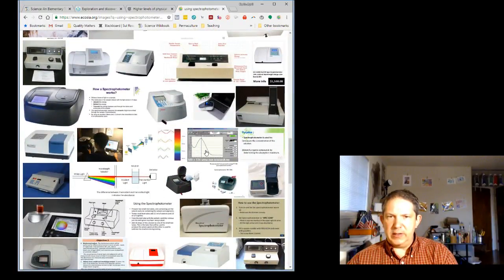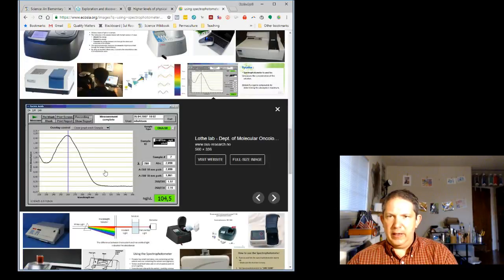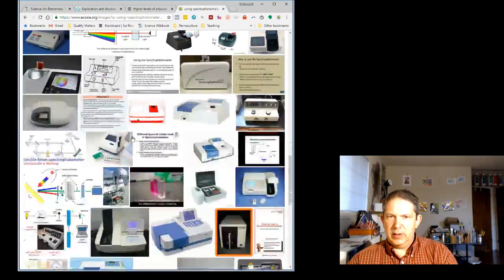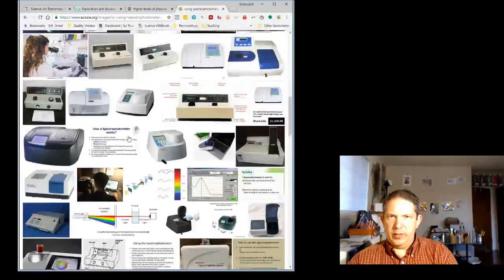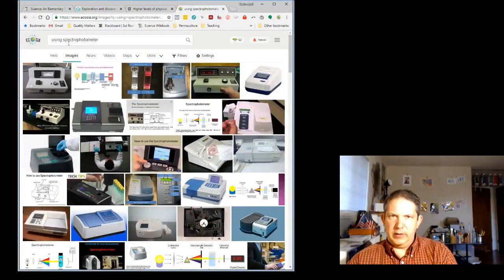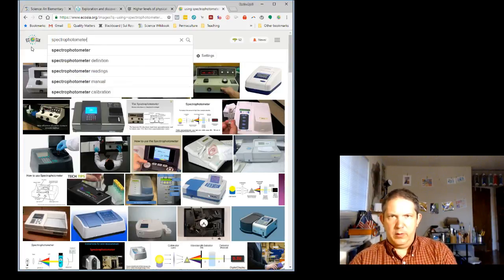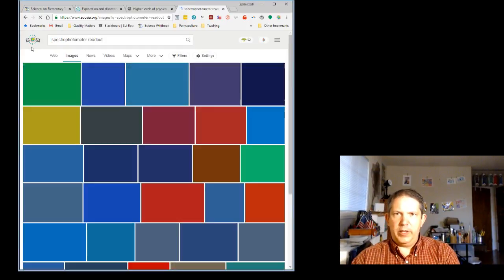There will be peaks and valleys at different positions. It might be absorbing in several places. Let's see, spectrophotometer readout.